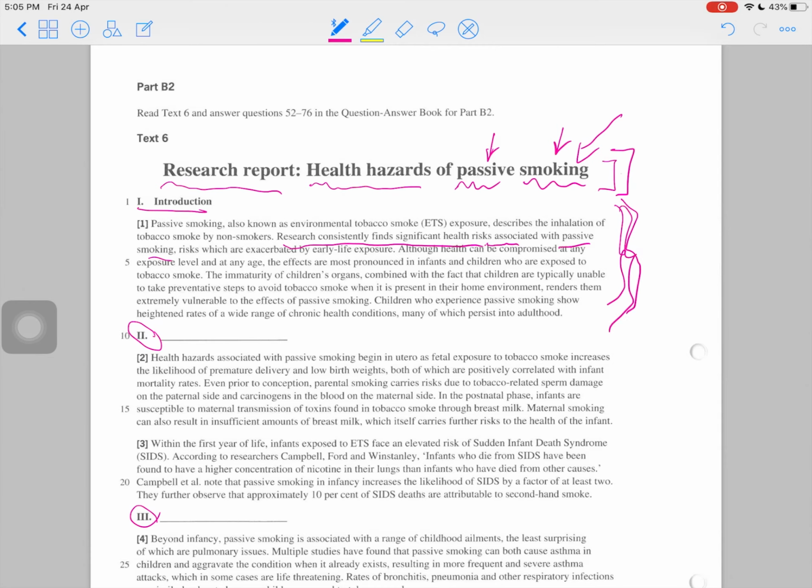The first paragraph is really about research that has found significant health risks associated with passive smoking. They actually talk about this ETS, so if they have something like this, it's good to remember what this is: environmental tobacco smoke, and how it actually leads to a wide range of chronic health conditions.